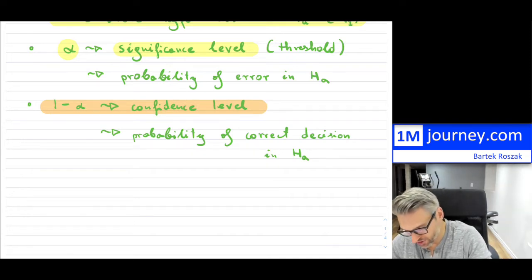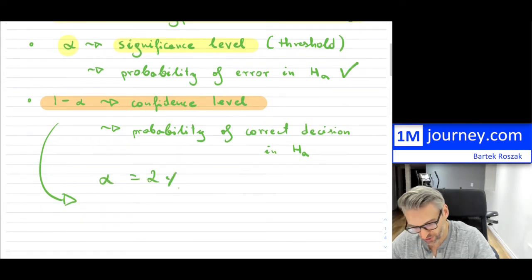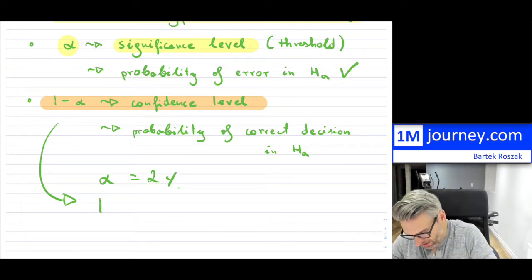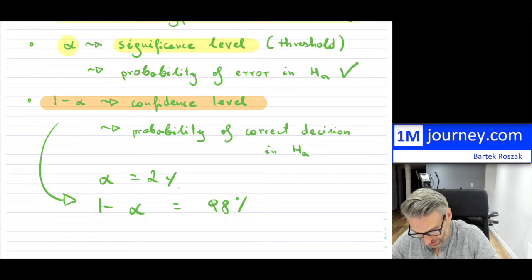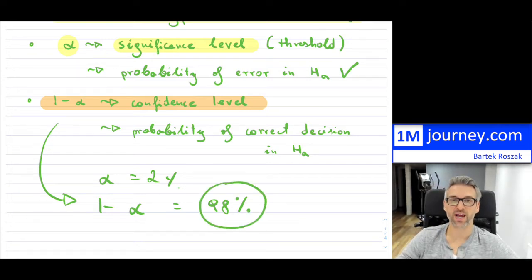As I said, if the threshold was 2%, which is the probability of error in your null hypothesis, the confidence level is the probability of being correct. So here you would say 1 minus this, which is equal to 98%. That would mean you are confident within 98% that your result of the alternative hypothesis is actually true.